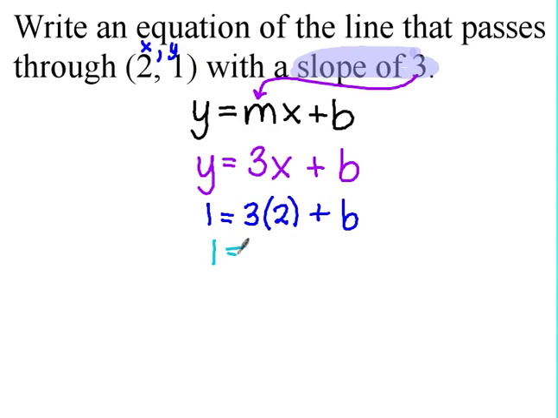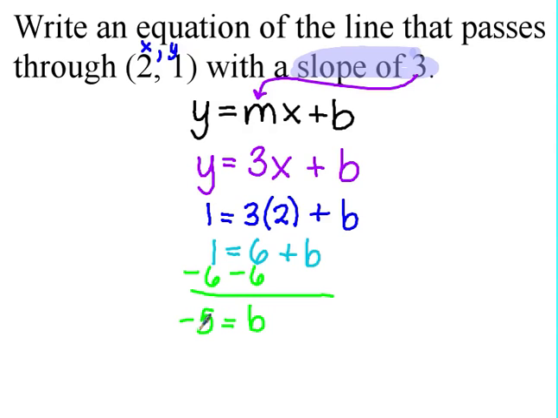I know that 3 times 2 is 6. How do I solve that for b now? Subtract 6. Very good. And what do I get b to equal? -5.